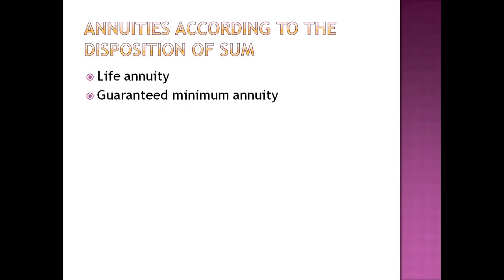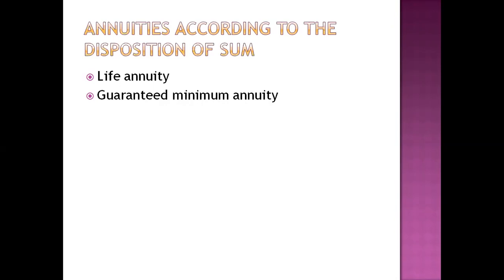Then guaranteed minimum annuity. In this case, annuity payment up to a period is guaranteed by the company. Up to a certain time period, they give you a guarantee, right? That guarantee may be immediate. In case of immediate annuity, payment for a fixed number of years will continue irrespective of the death.